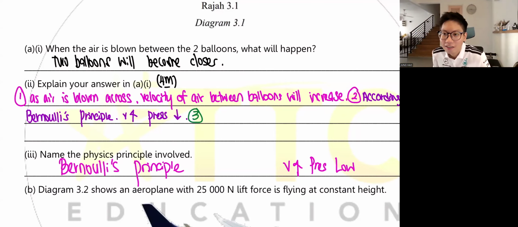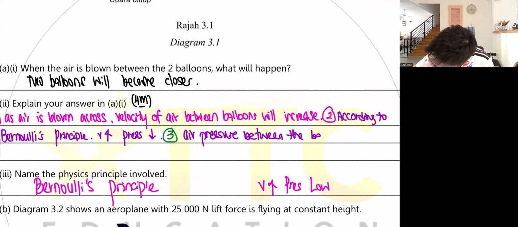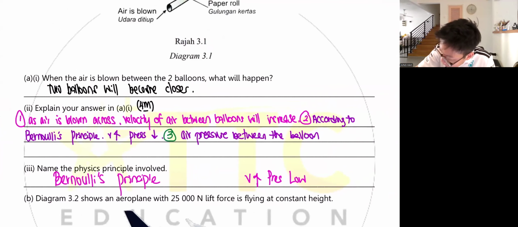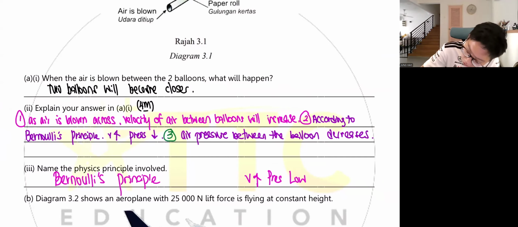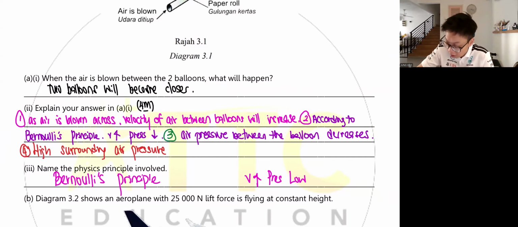Okay, so now we will say, therefore the air pressure between the balloons decreases. Then number 4, you can say that the high surrounding air pressure, because now just the between becomes low, pushes the balloons together.